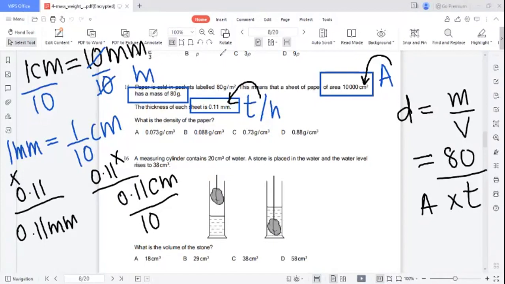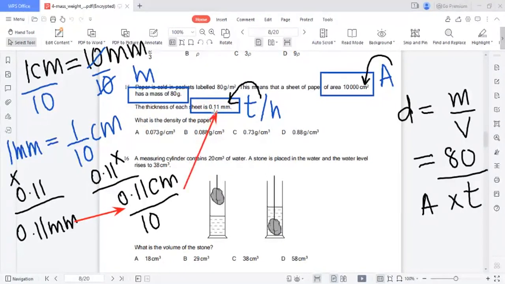So now our thickness is this one. We are going to replace 1 millimeter by 0.11 over 10 centimeters, and you can replace it here as well. So instead of thickness, we can replace this value over here.